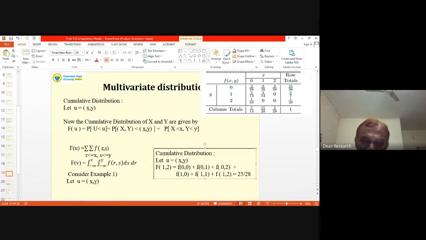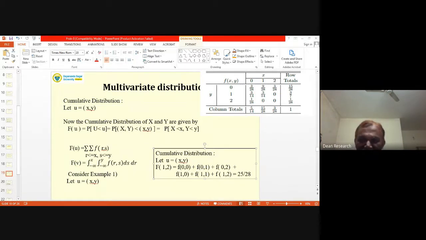Is the idea clear here? Yes, sir. There are only notations, that's all. And you'll have to consider all pairs of x, y, where x and y are within the range that you have got. X is between 0 and 1, and y is between 0 and 2.